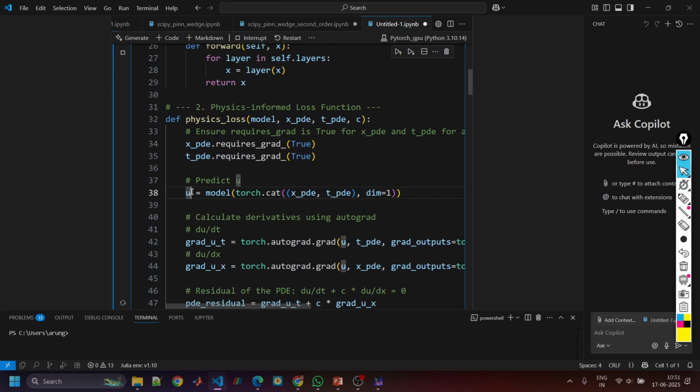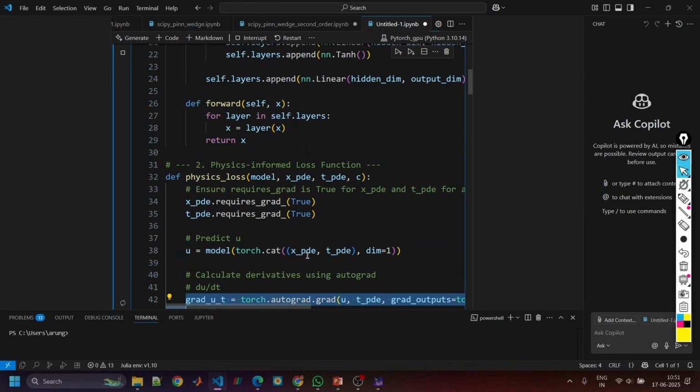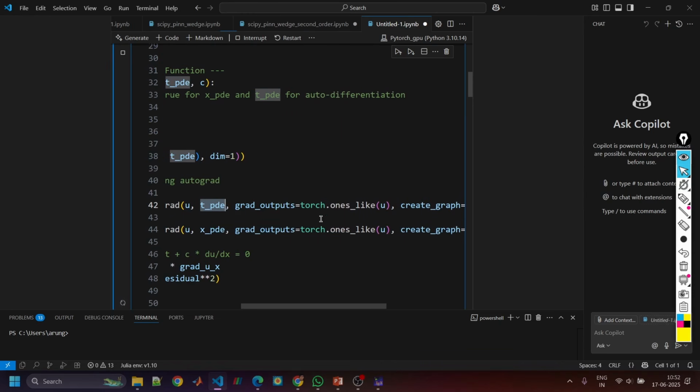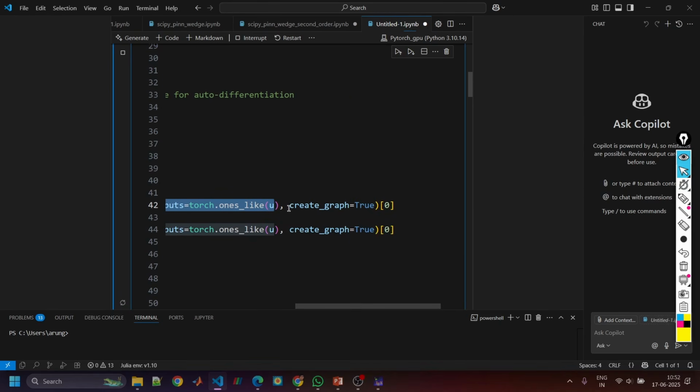This will make a neural network approximation of U. Once that is done, we will calculate the gradient using this function. Here we should specify that U is calculated with respect to time, so we give the independent variable here, U comma U. Then we specify the size of this tensor, and whether we need to create a graph structure.